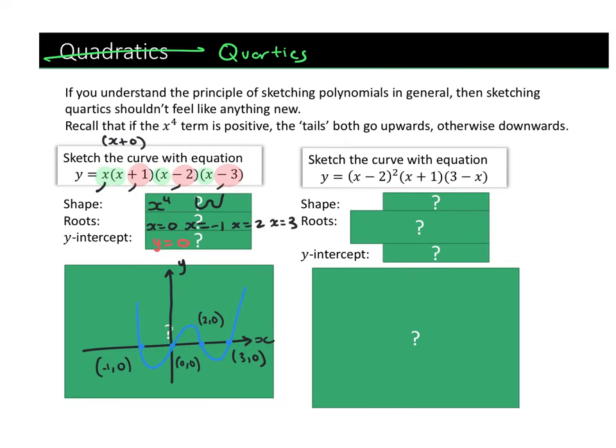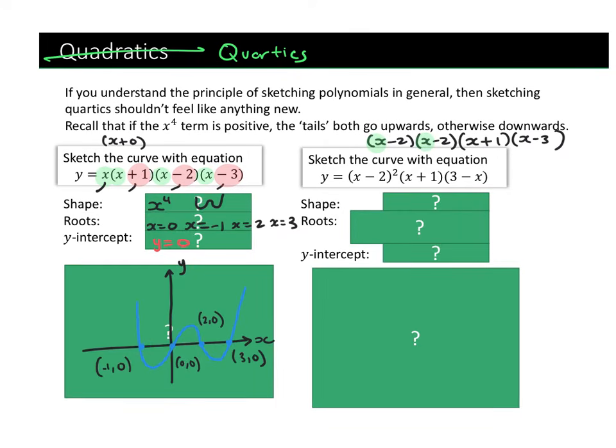Okay, so the next one, let's have a look at what's going on. I'm going to do what Kate does because I actually like this method. x minus 2, x minus 2, x plus 1, x minus 3. Okay, so let's have a look at our shape.